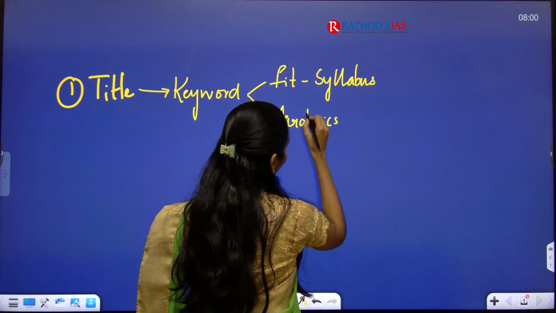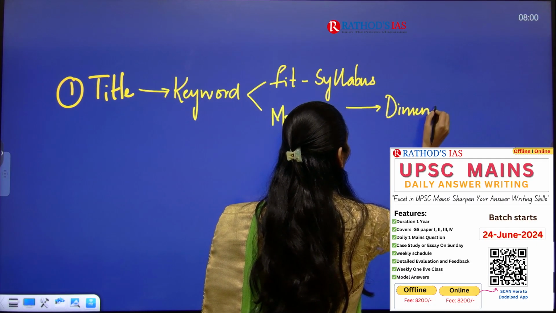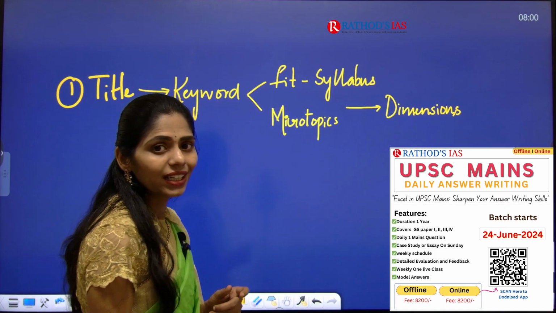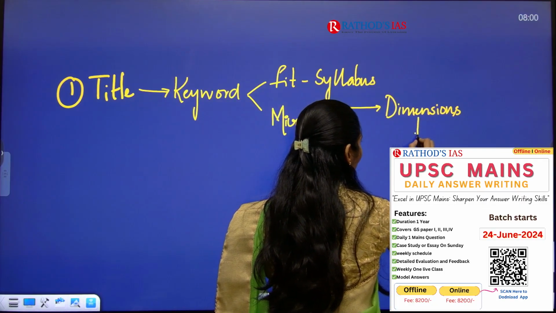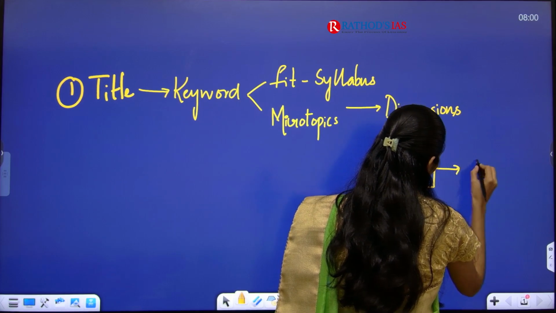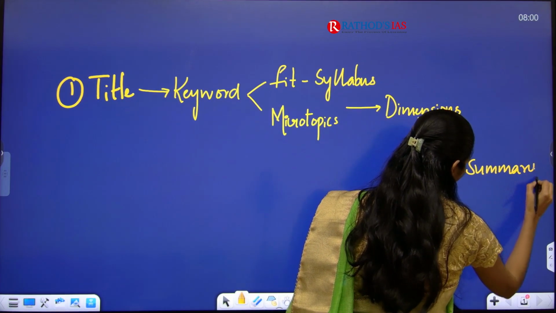After that we are going to see different dimensions that you have to think about from that article's point of view. After seeing dimensions, we are going to see the title and article again, and first of all I am going to give you a summary of what this article is talking about.